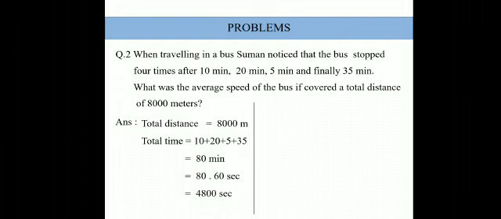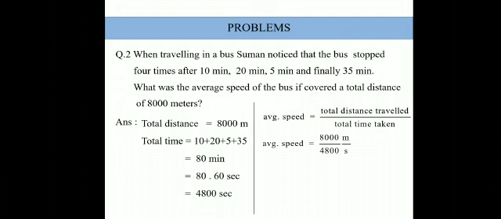And what are we supposed to find? We are supposed to find the average speed. Average speed has a formula of total distance traveled divided by total time taken. Like I told you, the easiest problem to solve. So total distance we know is 8000 meters, and total time we also know, 4800 seconds. First step is to get the right formula.